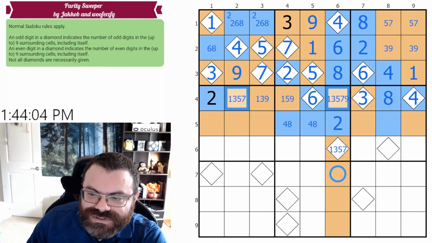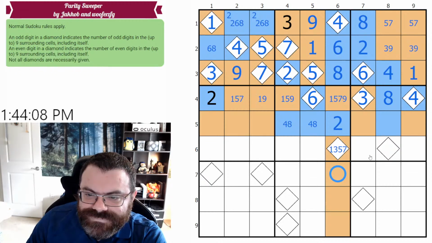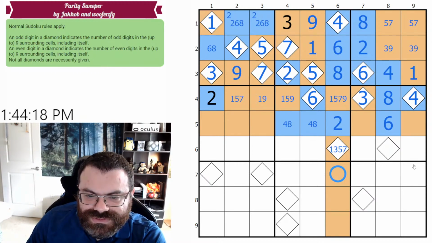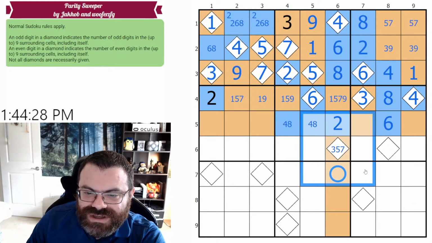Yeah, none of these are 3. This is not 2, 4, or 8, so it's a 6. This isn't a 1, it already sees 3 odds. Oh, it actually sees another odd in this domino because we have 3 evens in the column.